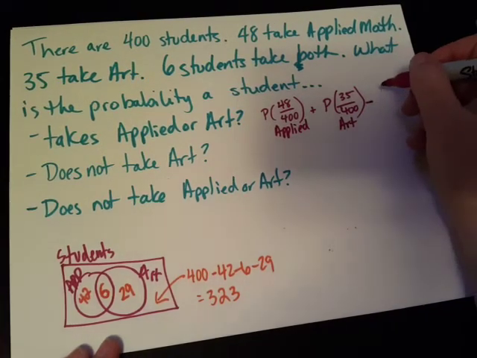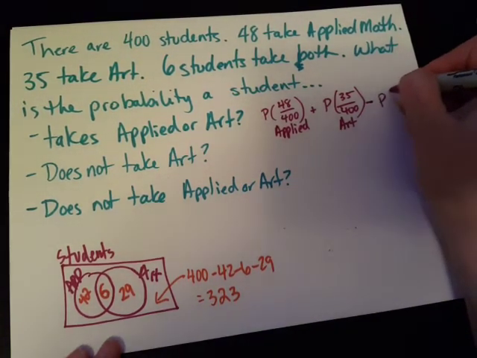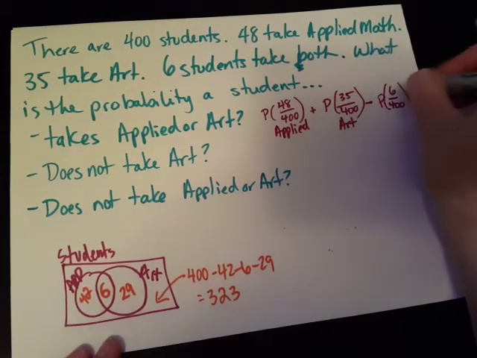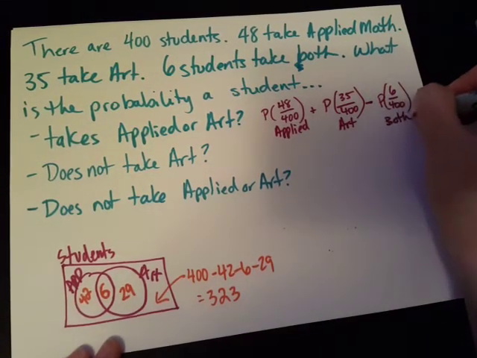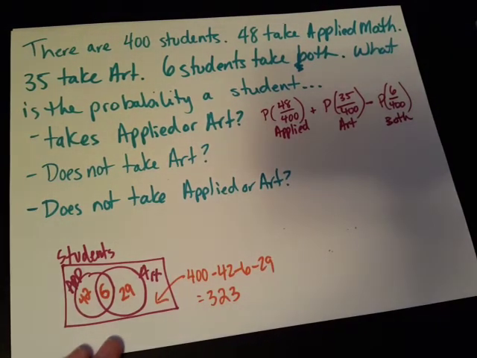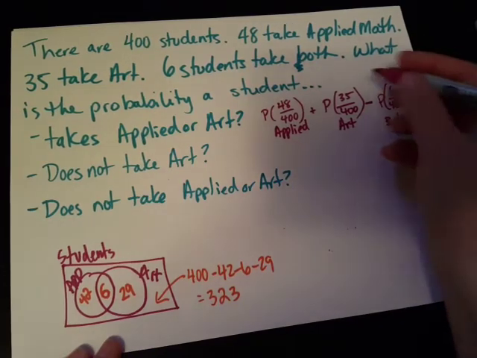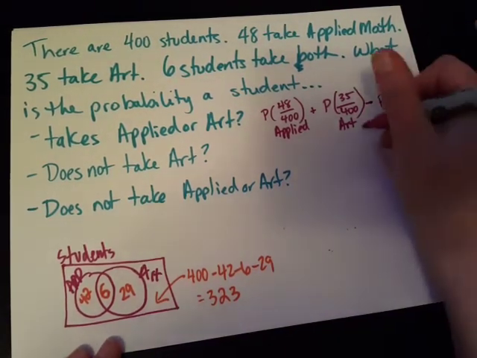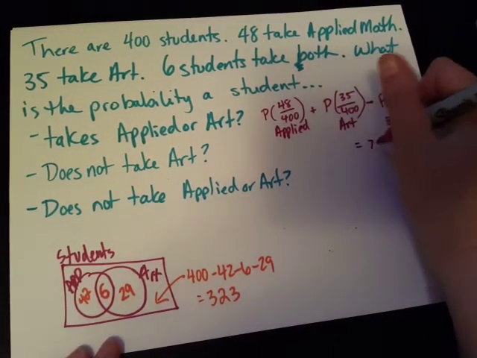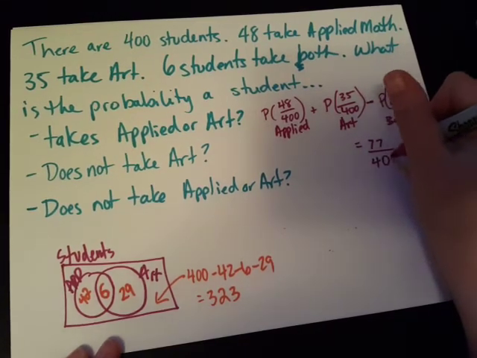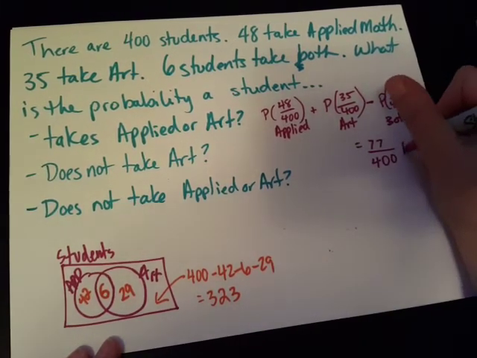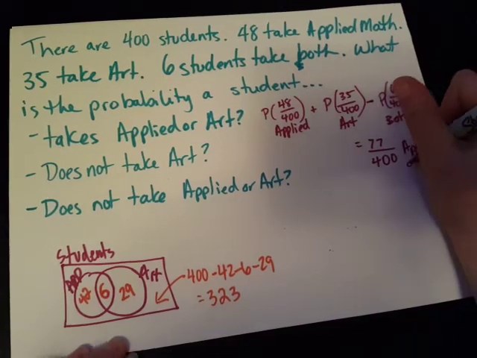And we're going to subtract off the chance that they're taking both. So that's 6 out of 400. So that leaves us with 77 out of 400 are taking applied or art.